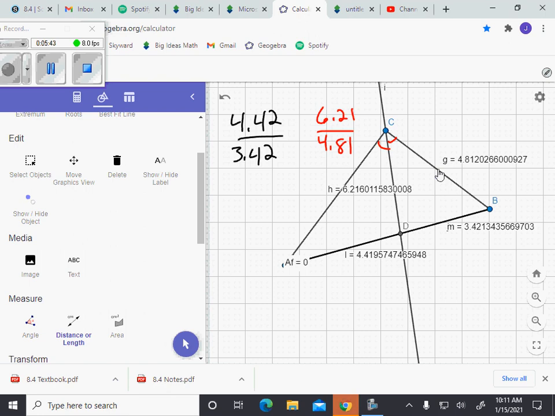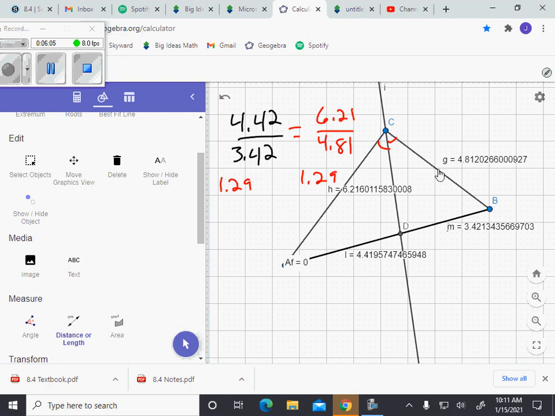Now let's divide these. We have 1.29, and we have 1.29. Okay, again, these are proportional.